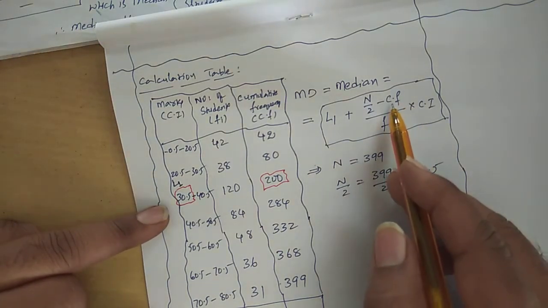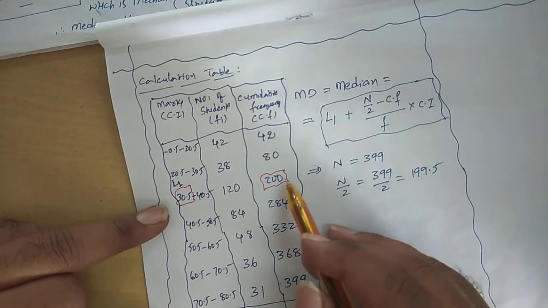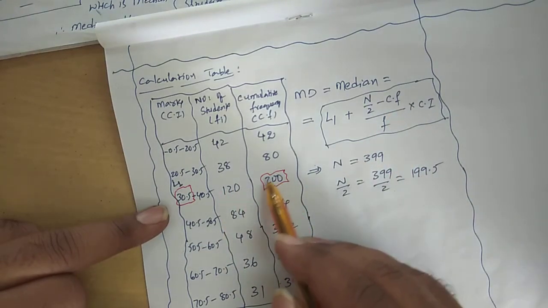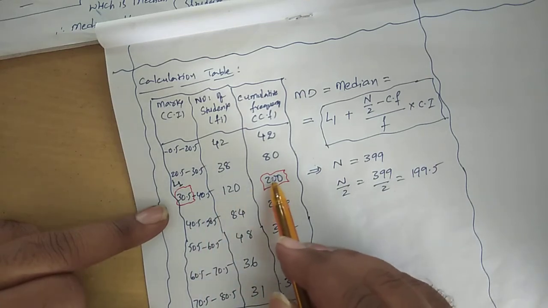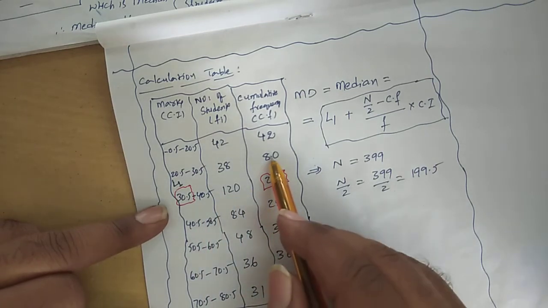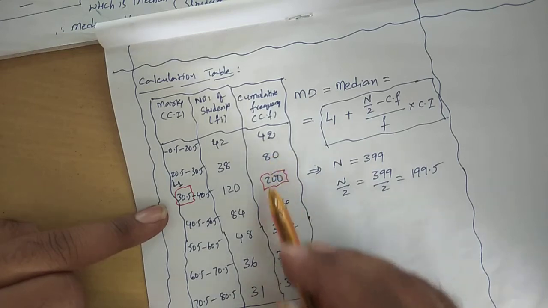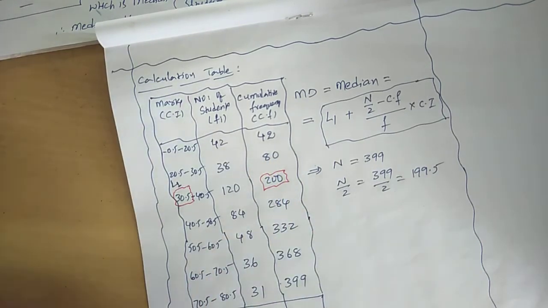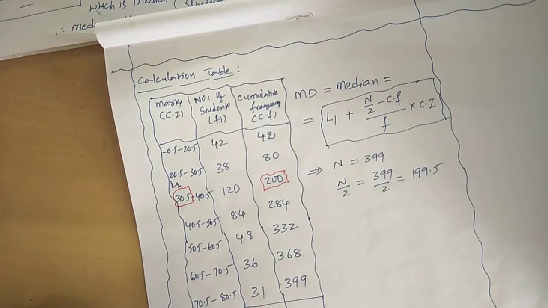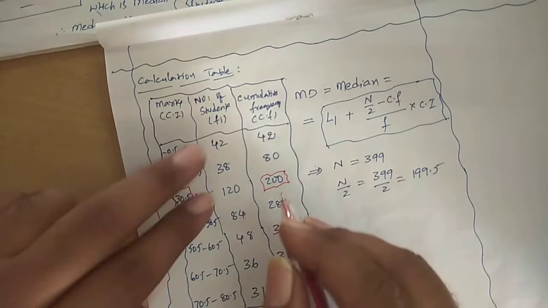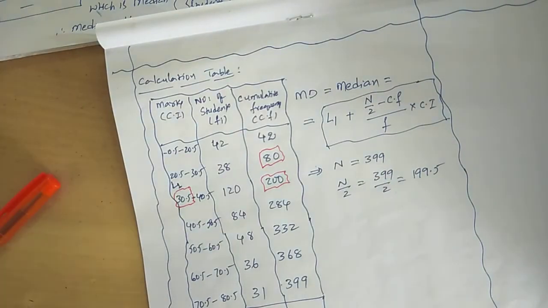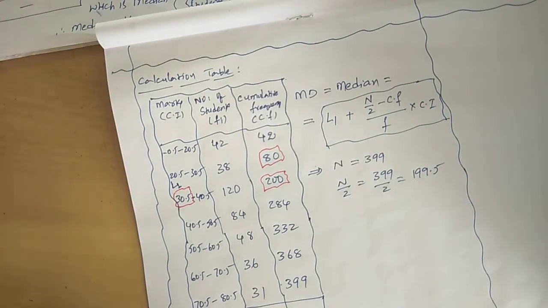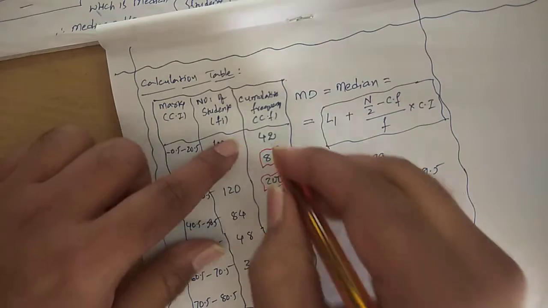The CF here, what is the meaning of that? It is the cumulative frequency preceding the median class. So the median class cumulative frequency is 200. Preceding this, succeeding this. Preceding is above. So what is that value going to be? This value, 80. So 80 is going to be your CF.